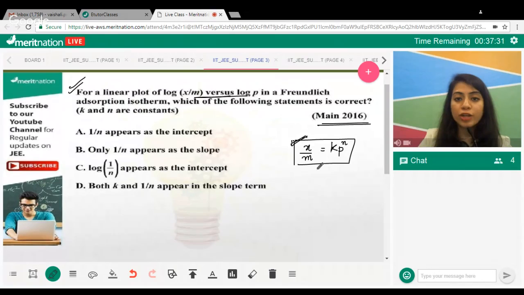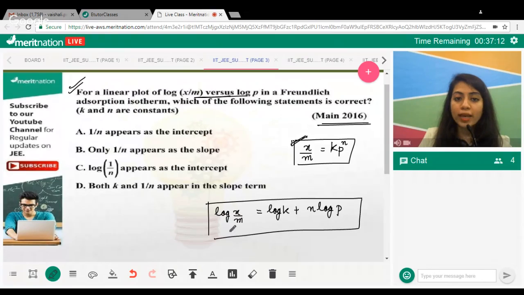So when you take log on both sides, it will become log x by m is equal to log k plus n log p.